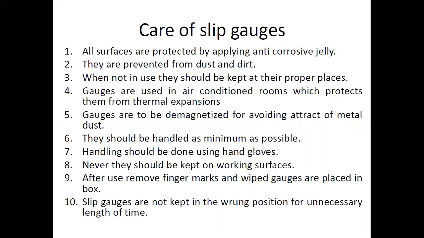This contraction or shrinkage is very minute, in microns, but it affects the performance of the slip cages, so you cannot get the perfect length. That's why we have to use them in air conditioned rooms.